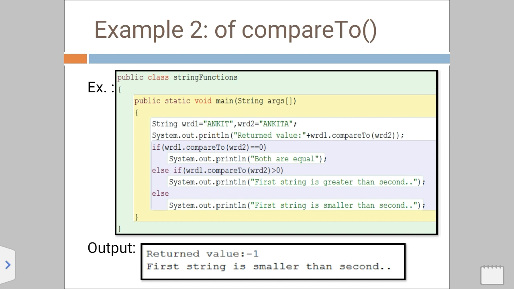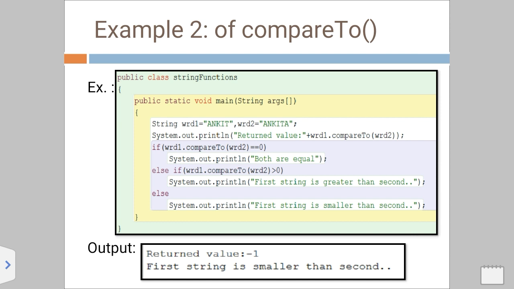What I had written is System.out.println of the returned value. Sometimes the ICSE board wants to ask about all these things. They are going to provide 2 words and ask what difference compareTo provides us. That's why I've written it in this way also: WRD1.compareTo(WRD2). Now this shows us what value we are getting.